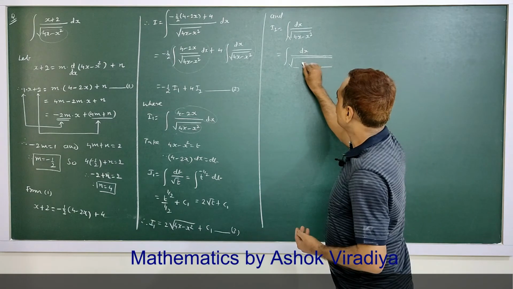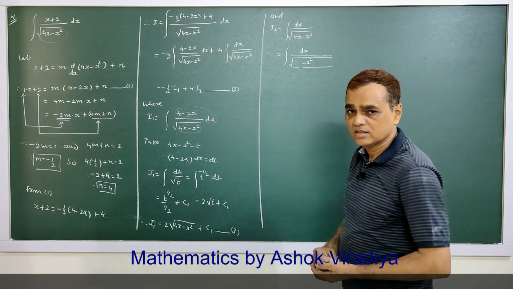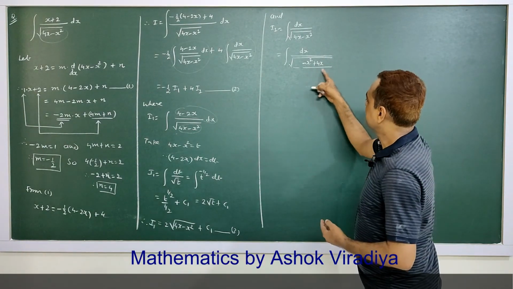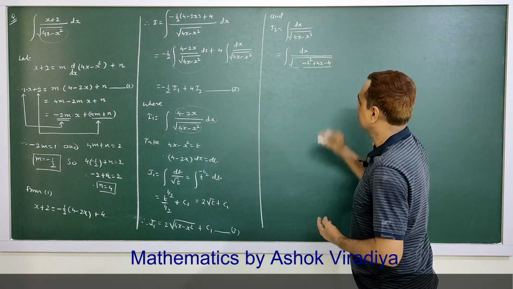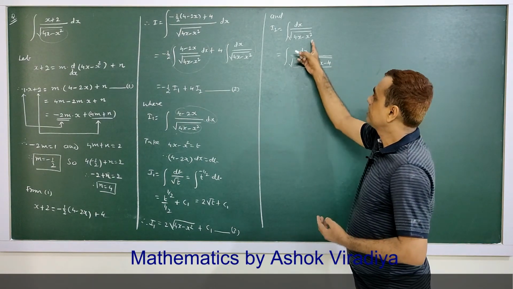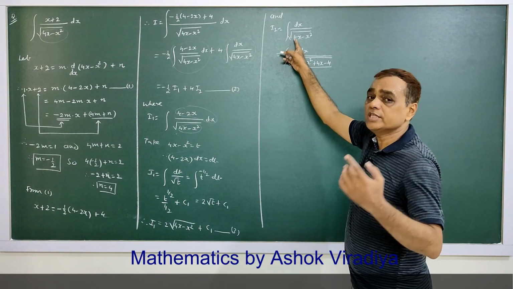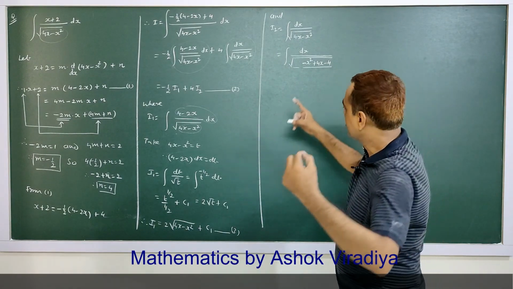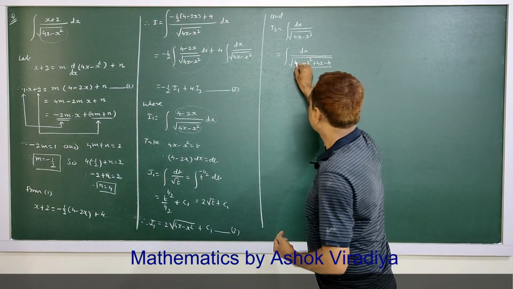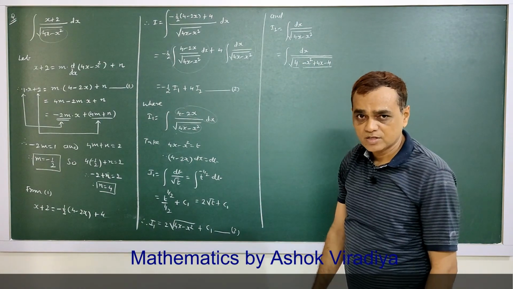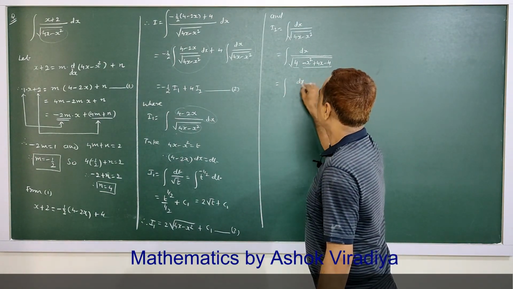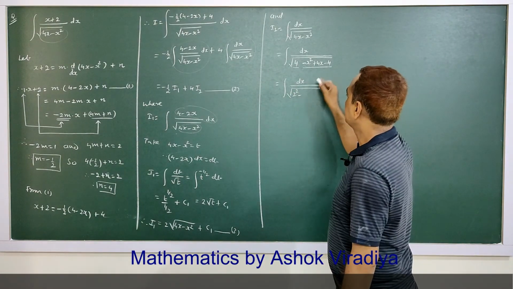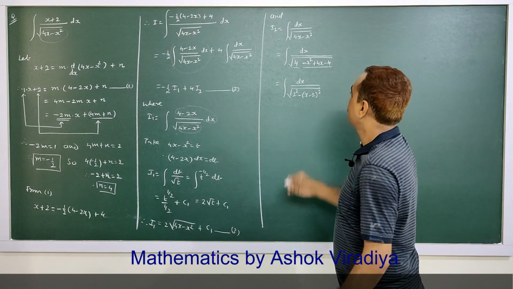X square is negative, first of all put minus x square, then plus 4x. Now to complete this perfect square polynomial, this should be minus 4, but here the constant is 0. To maintain 0, because we have taken here minus 4, I am taking here plus 4. So it becomes dx upon square root of 2 square minus x minus 2 whole square.